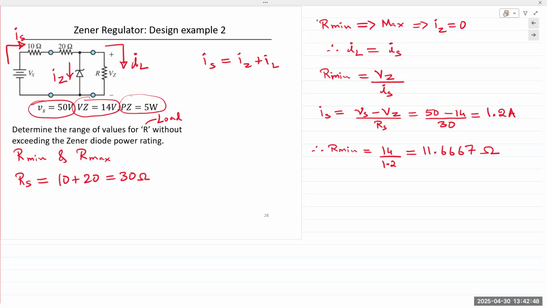Okay, that was for R min. If you want to find the maximum value of R, R max, what happens to current? IL must be at its minimum. That means we are looking for a case where IZ goes maximum.